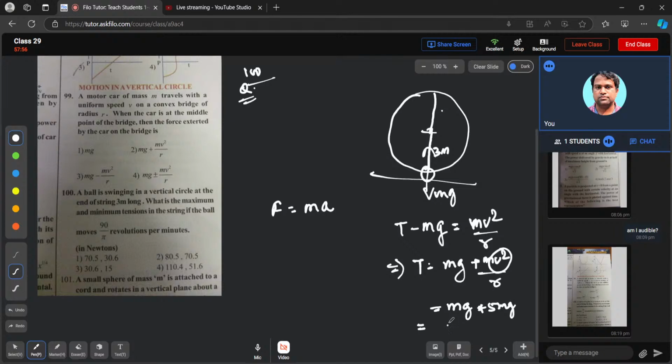So tension is 6 mg. 6 mg is what? Mass is given.